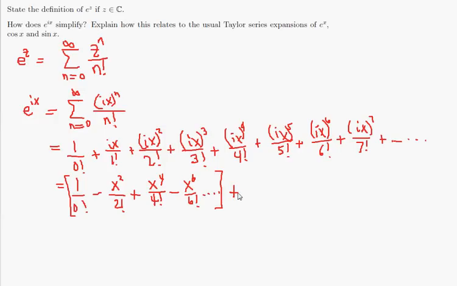Then let's take a look at the one that has all imaginary terms. The first one, of course, will be the first odd term, i times x over 1 factorial. So we have x over 1 factorial, and I have pre-factored the i out. Next would be the next odd term. i to the third is negative i, so negative i times x to the third over 3 factorial.